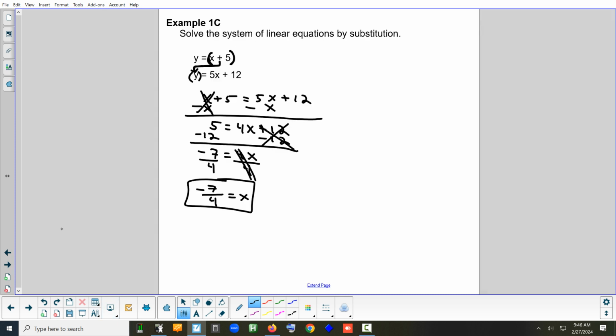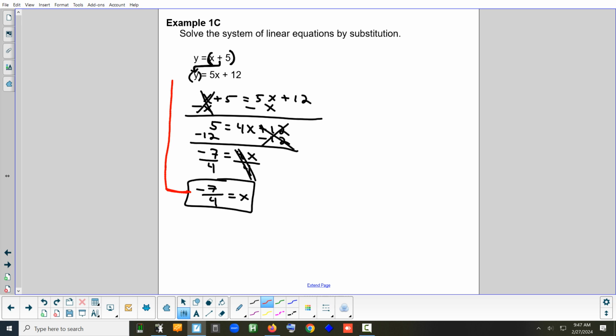So we're going to take the x, and what are we going to do with it? Plug it back into the y equals. Yeah. Which one do you think would be easier? You can pick either one. Pick the one that's going to be easier. Top one. Top one, yeah. The numbers are smaller.